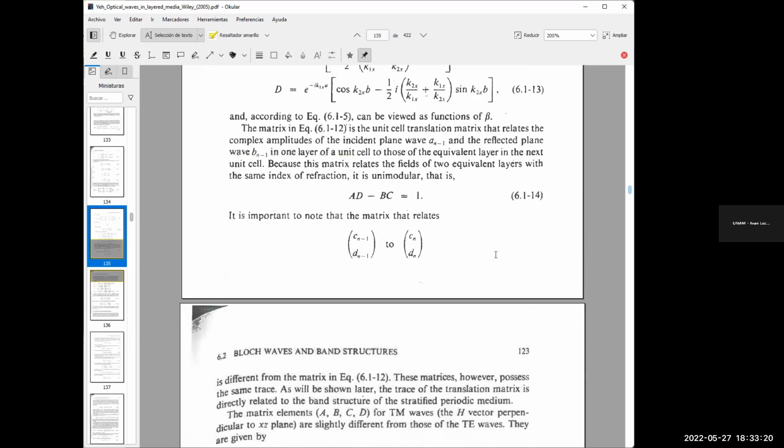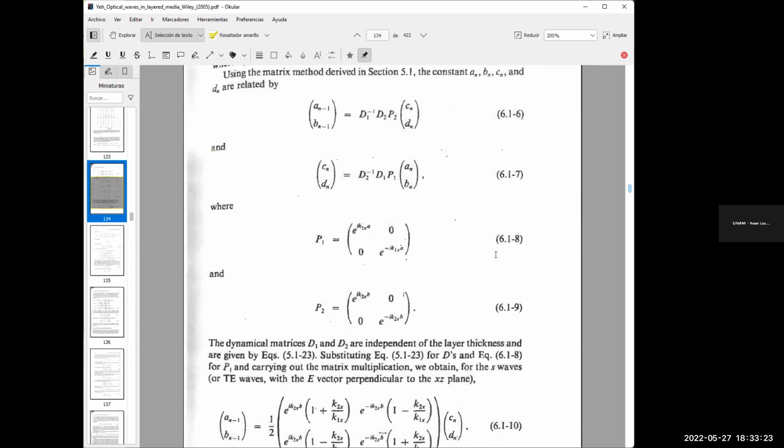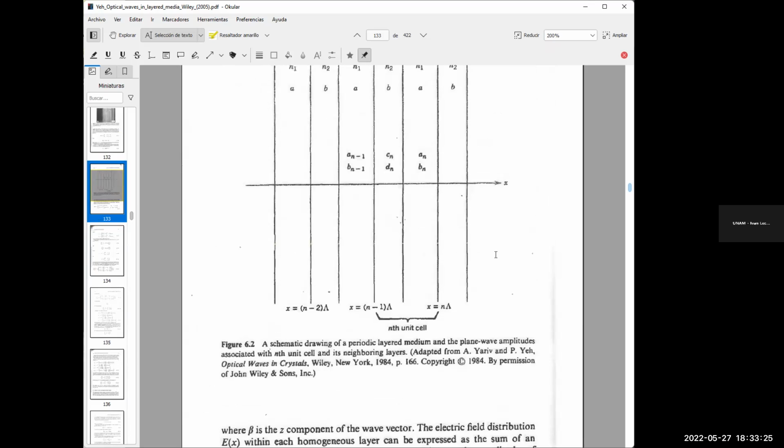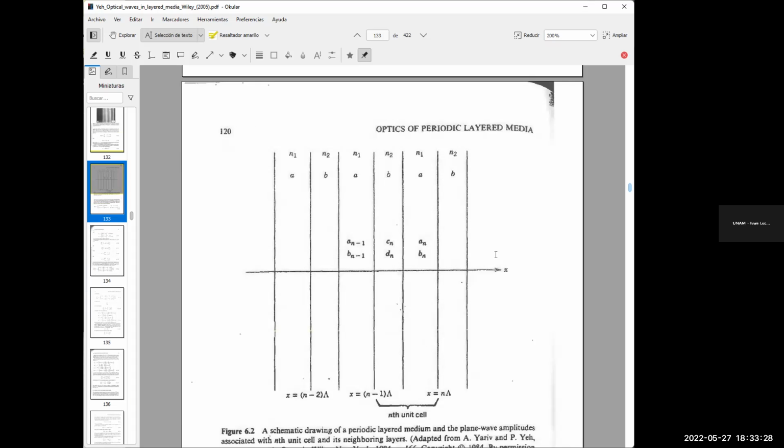And the outcome of this is the absorbance, the reflectance, and the transmittance of this structure. That means the amount of light that is reflected to the initial medium, the amount of light that is absorbed in the whole structure, and the amount of light that goes out of the whole structure.